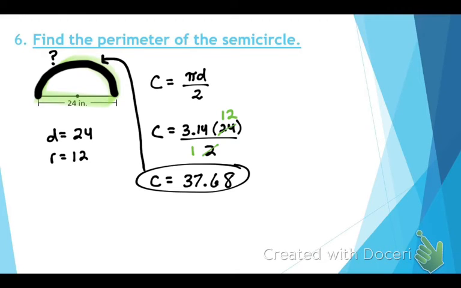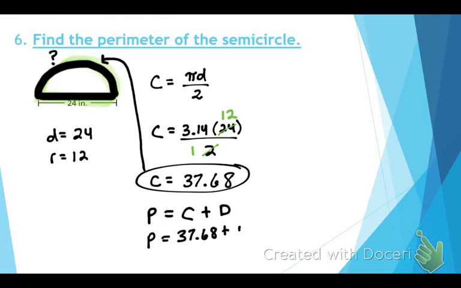In order to find the entire distance around, what do I have to do? All right, in order to do this, we find the circumference plus the diameter. We know that the circumference was 37.68. What is the diameter? Okay, remember, that's just this part down here at the bottom. We're also adding that, plus 12. What's the answer? 61.68 inches.